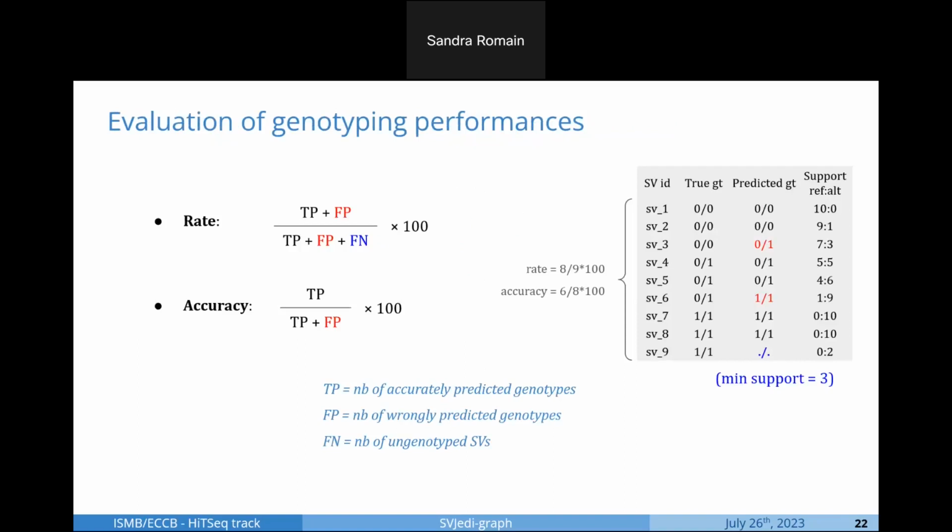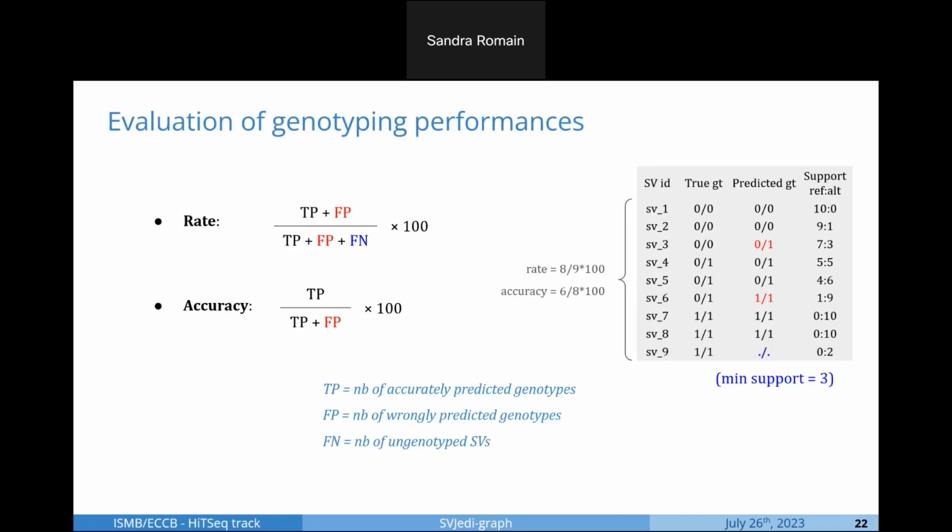In order to evaluate the genotyping performances of the methods, we use two statistic parameters. The first one is the genotyping rate, which is the percentage of genotyped SVs over all input SVs.